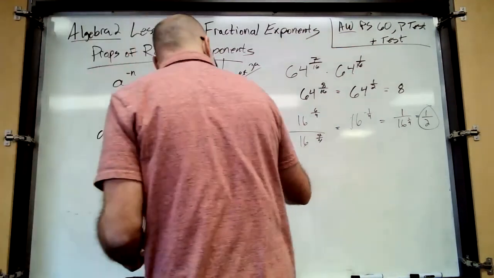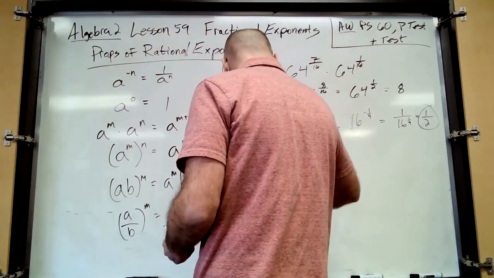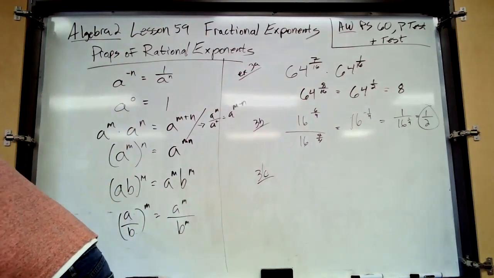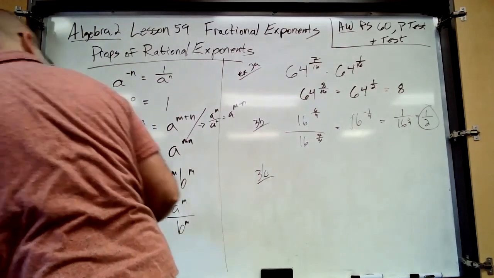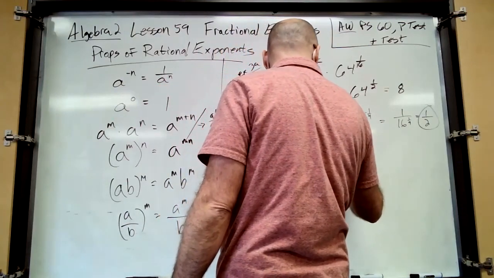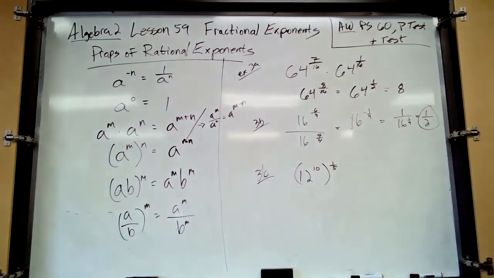Let's try 3c here. 3c is 12 to the 10th, all to the 1/5. Okay, what do you do with those exponents? There's kind of like an order of operations of exponents. Exponents is one of the orders of operations, right? But sometimes it doesn't matter what order you do it in.